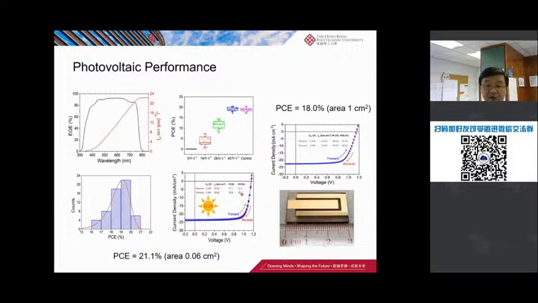Device-wise, we get 21% efficiency for small area, 6 millimeter square, and we get 18% for 1 centimeter square perovskite device. That's shown here. Okay, and the slides here show that in ambient condition, the blow rate plays a significant role here.